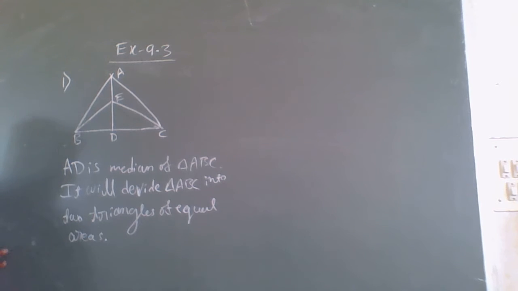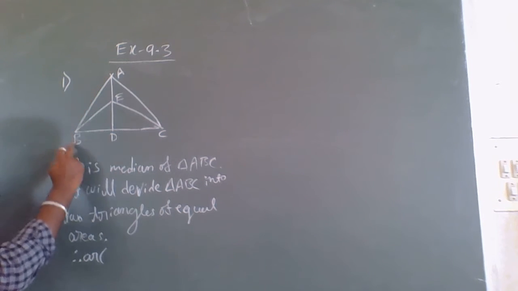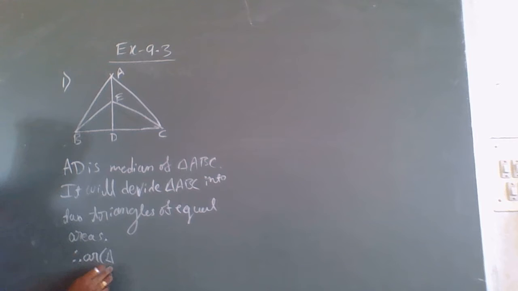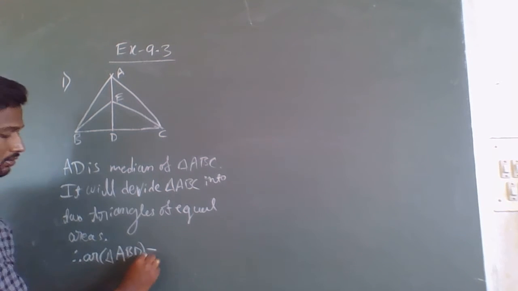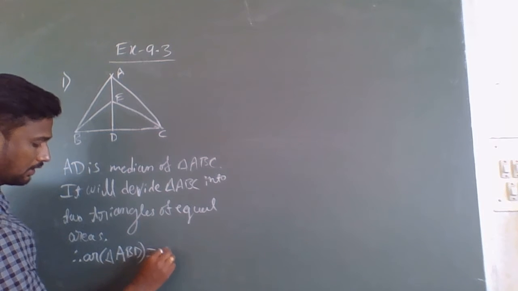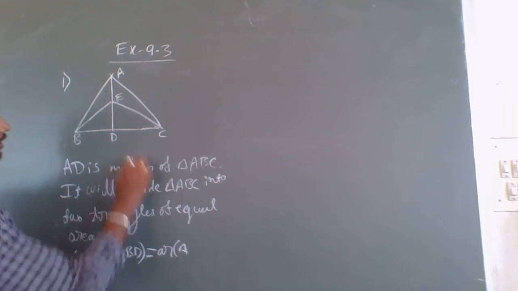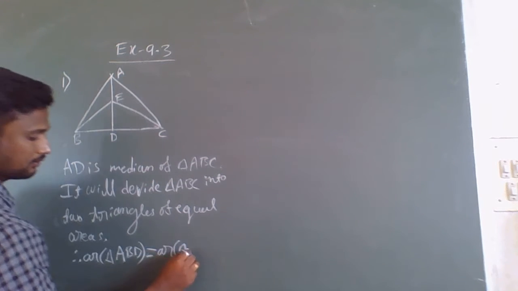So now we can write that area of triangle ABD equals area of triangle ACD.